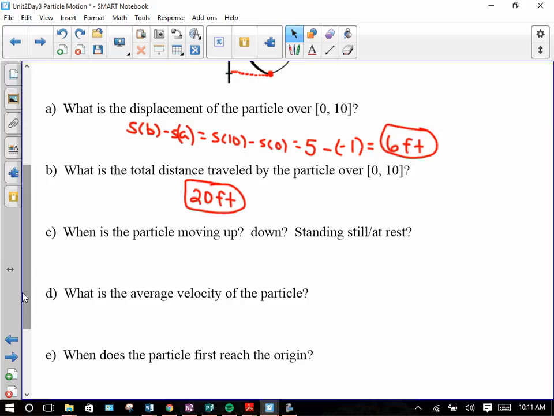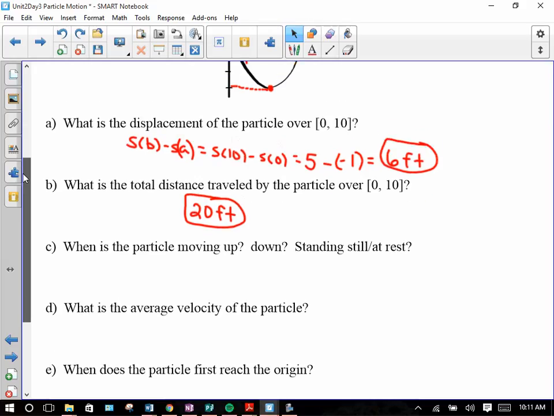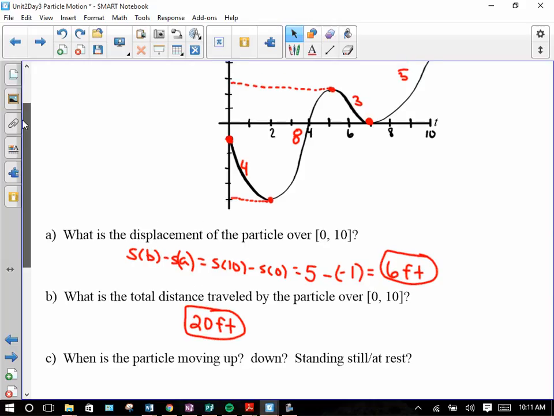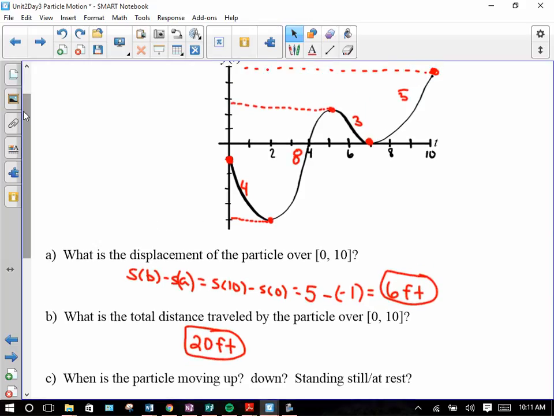How do we figure out if this particle is moving up? What is it looking at? From 2 to 5, that particle would be moving up. Why? Well, from the negative side over the positive side.